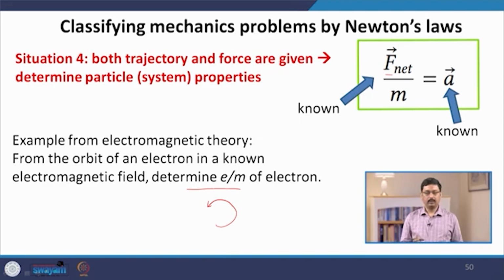Now, the reason I mentioned this is that we have applied the first principle, that is the basic Newton's law. Just by looking at Newton's law, we can think of these 4 types of situations that can arise. So, now we have a handle, some idea about what kind of problems we may encounter in mechanics.